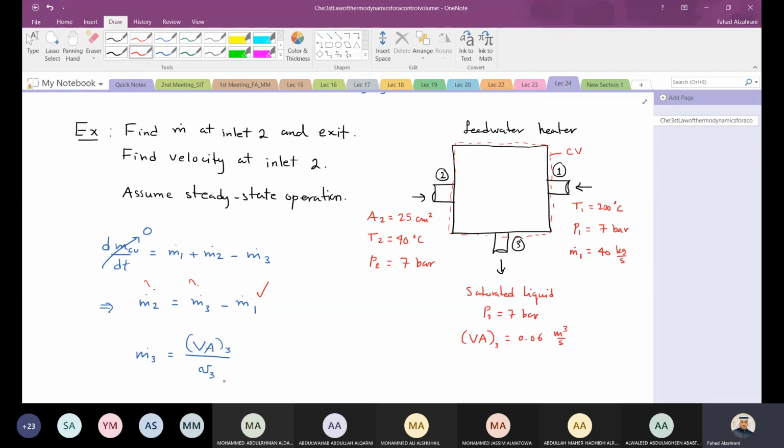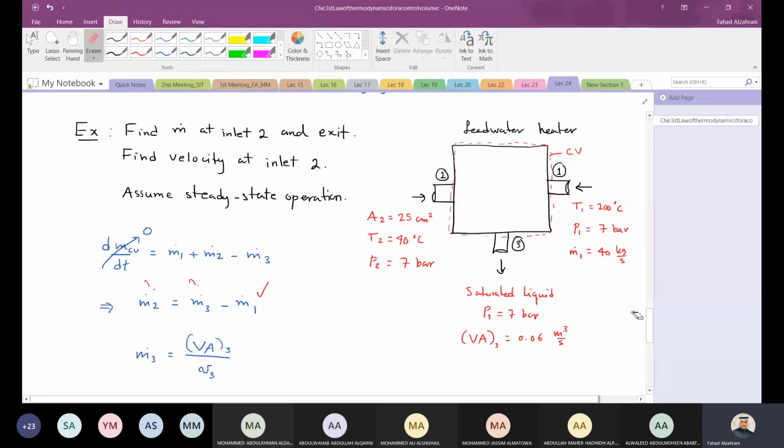Because I know that the mass flow rate is VA over specific volume, right? So we apply this at exit 3, and I give you the volumetric flow rate, so you don't need to find velocity or area. What you need only is the specific volume at this saturated liquid at 7 bar.